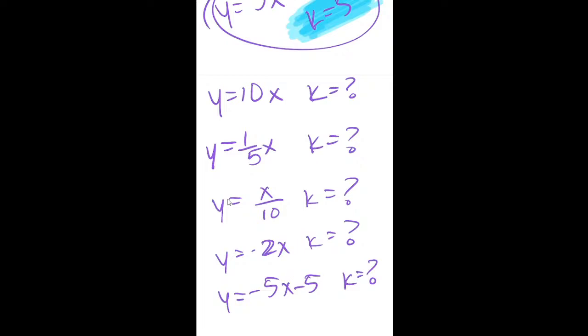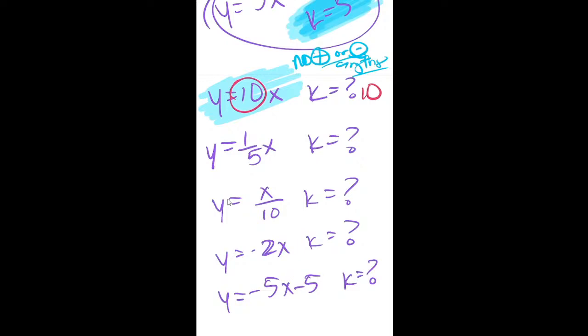Here we go. First of all, make sure that this is directly related. This should be a lonely equation. There should be no plus or minus anything. Okay? All right, if that's true, then the k for this one should be whatever number is in front of x. And it looks like that number this time is 10. So k is 10.